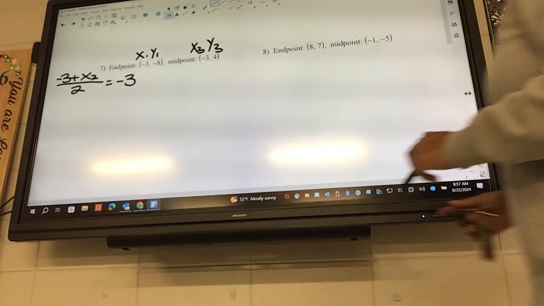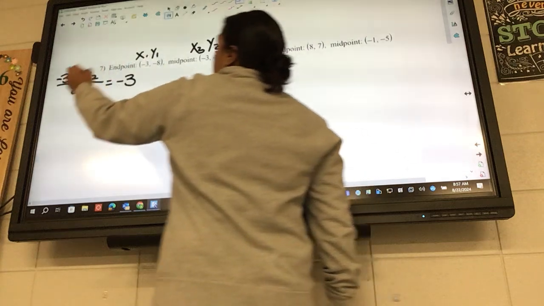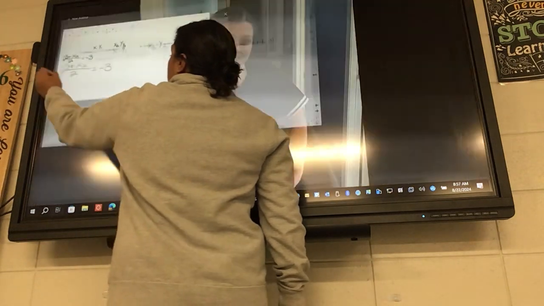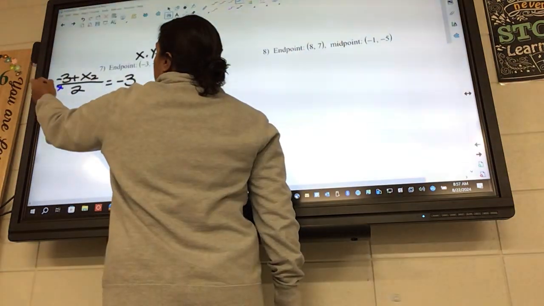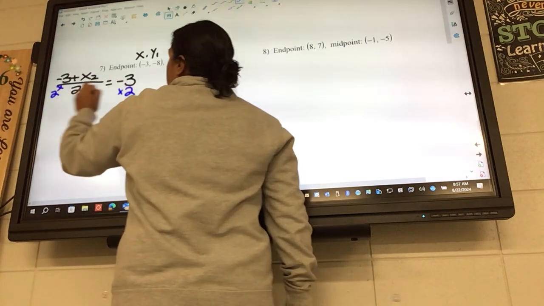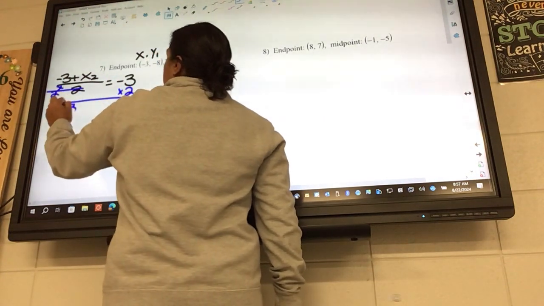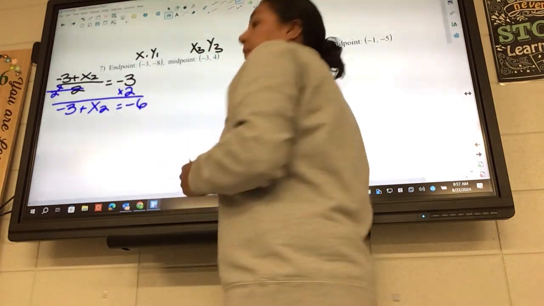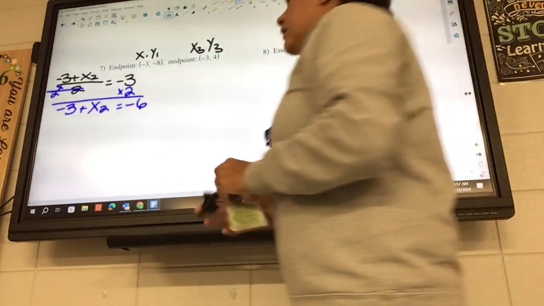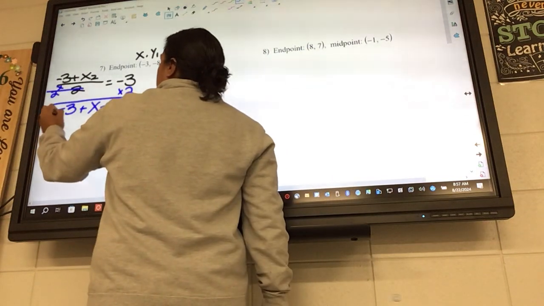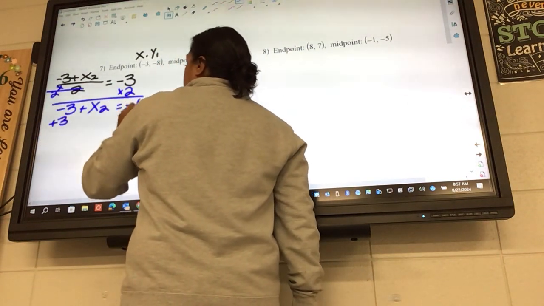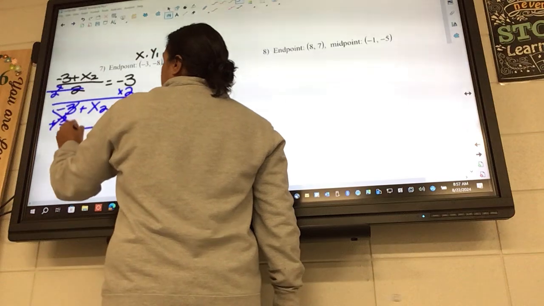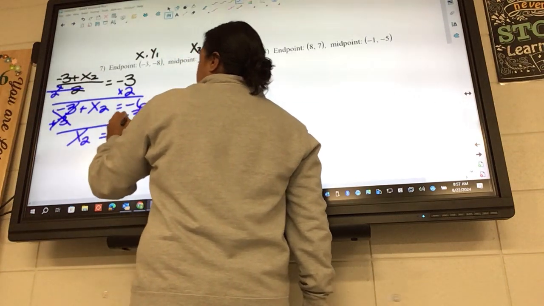We're going to go ahead and say times 2 on both sides. So I got -3 + x2 = -6. And then we're going to add 3 on both sides. So I'm going to get x2 = -3.